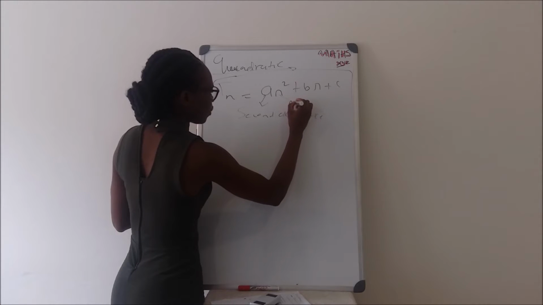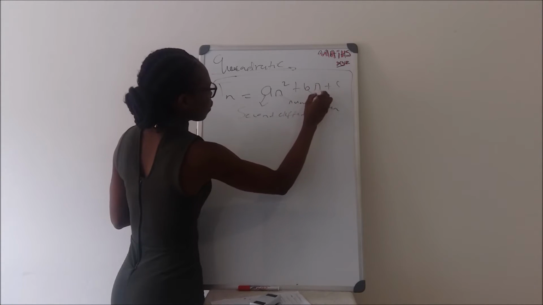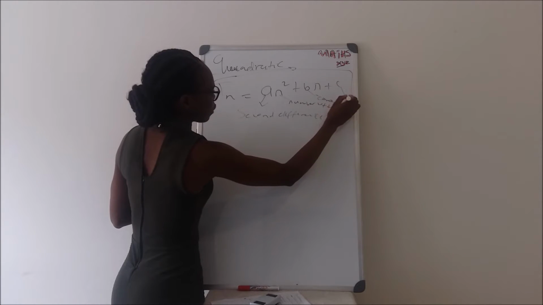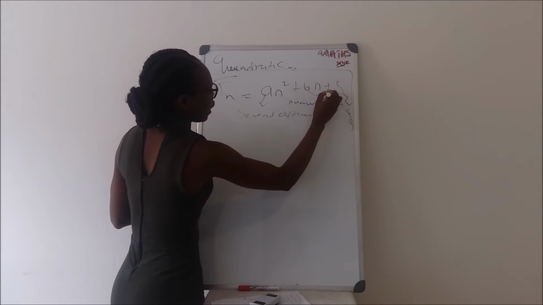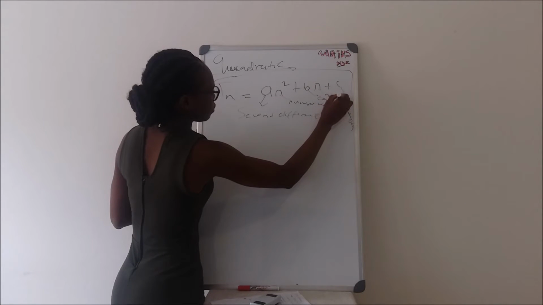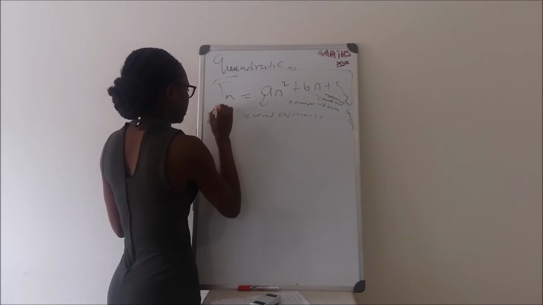Our n is the number of terms, and our b is the constant, and our c is the second constant as well. And our Tn is the nth term.